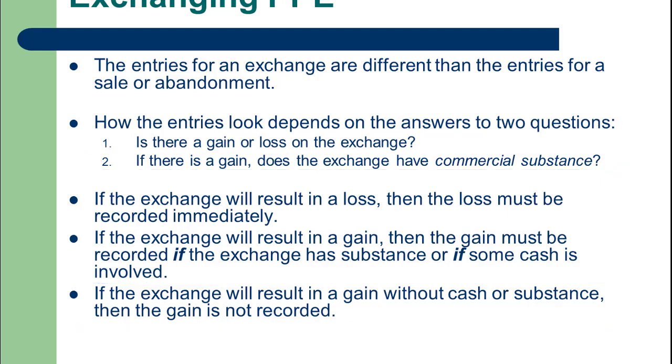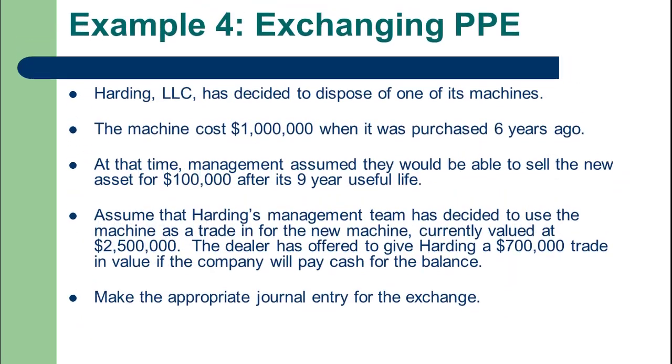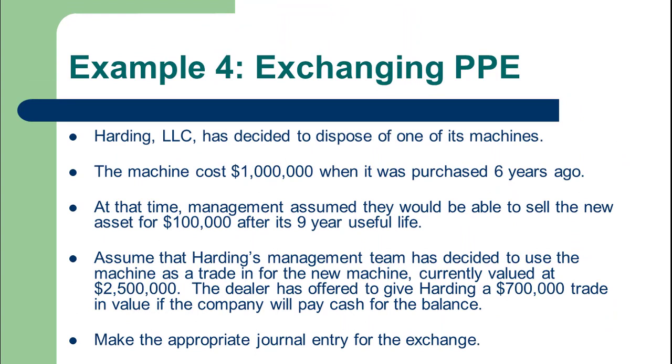To show this, let's go back to that same set of information we were using before. This is Harding again. You remember that $1 million piece of equipment, $100,000 salvage value, 9-year useful life, so $600,000 in depreciation. And now let's say that instead of selling it or abandoning it, they're going to go and find this new machine.